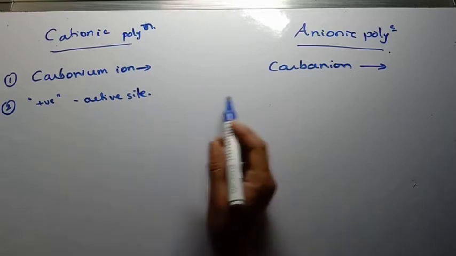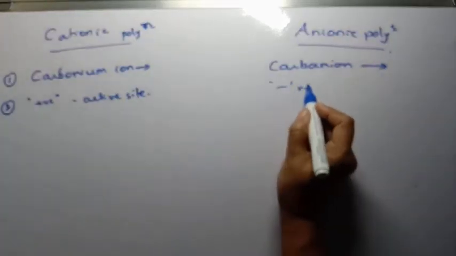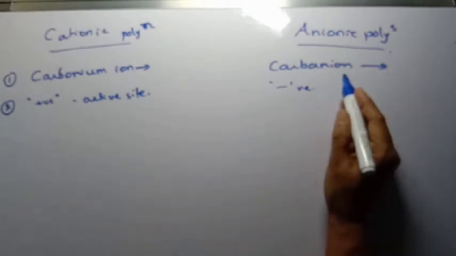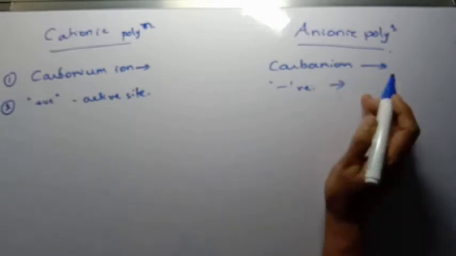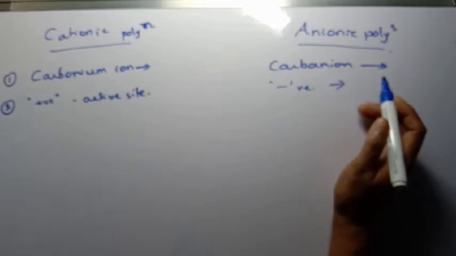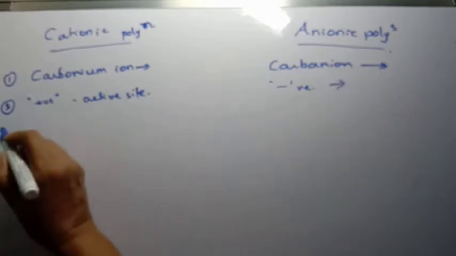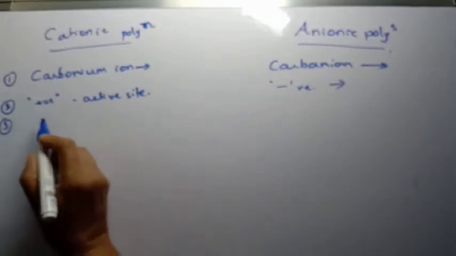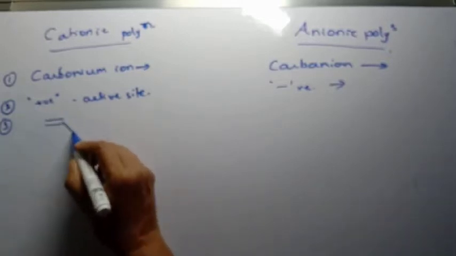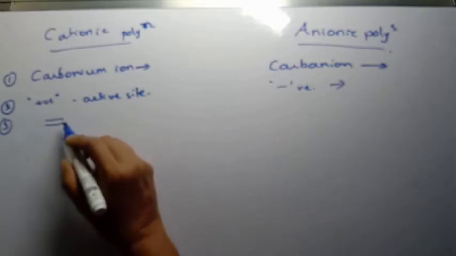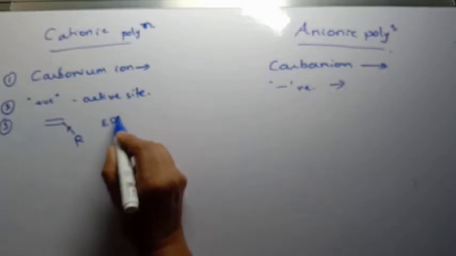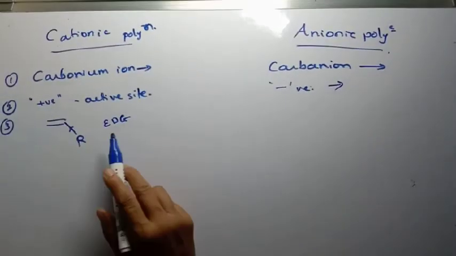In this case, the active center is the negative charge of the carbanion, which carries the chain propagation. The third point: usually they are alkenes with an R group. In this case the R group is an electron donating group. So in case of cationic, it is an electron donating group.